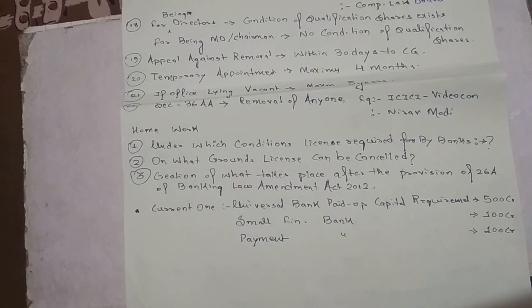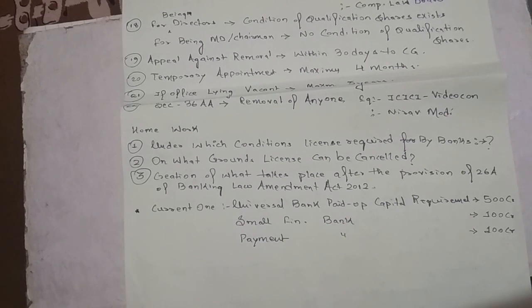I would like to give you a homework. Please do it. It will benefit you very much. Question 1: under which conditions is a license required by banks? Means for what purpose do they have to take the license from the Reserve Bank of India?